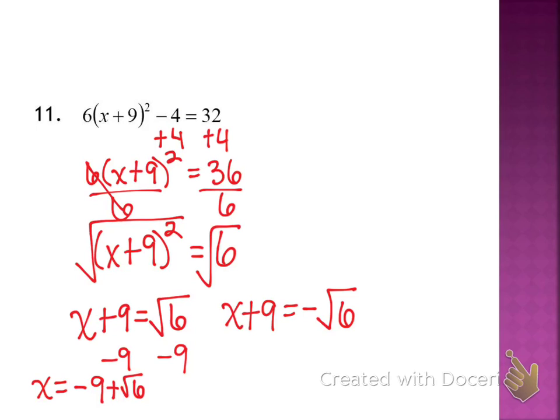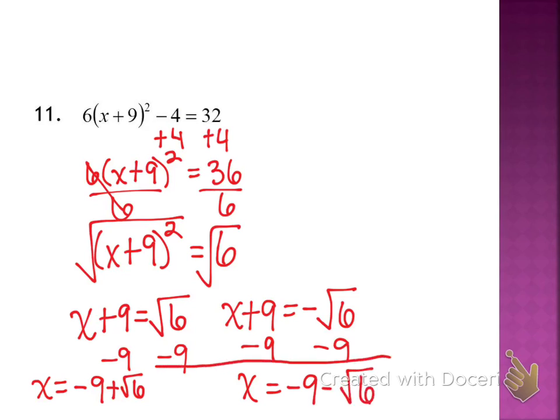Now, if you put square root of 6 minus 9, that's the same thing, as long as the square root is only on top of the 6. For our other one, x would equal negative 9 minus the square root of 6. And those would be our two solutions. Even though they're not pretty, that's how we would have to do it. They're not like terms, so we've got to just leave it alone.